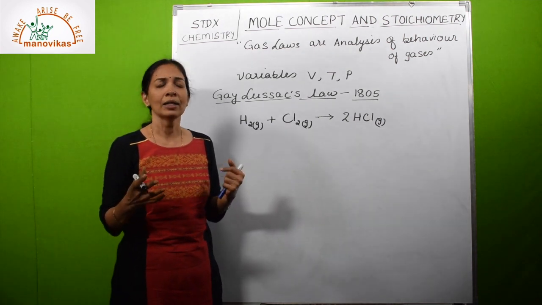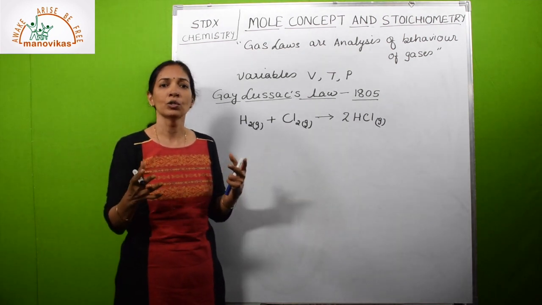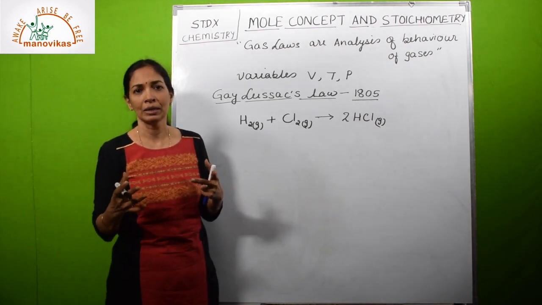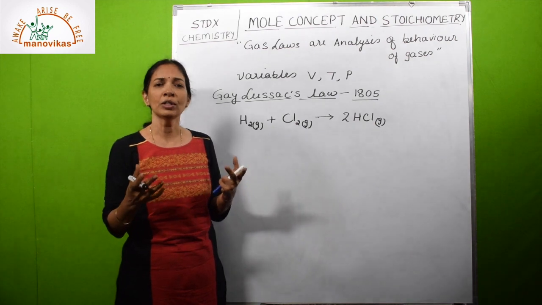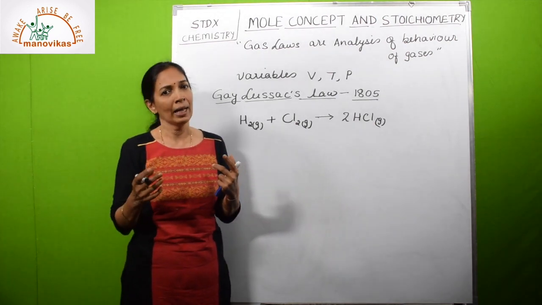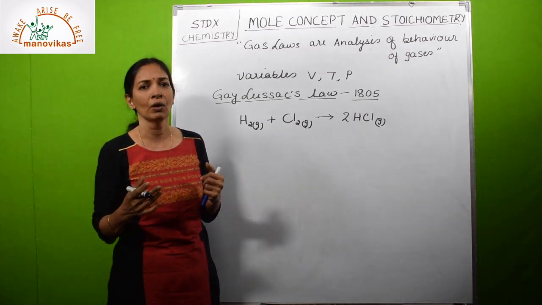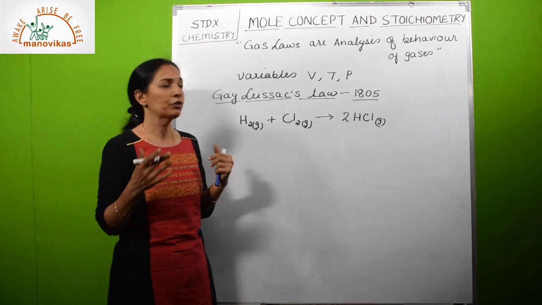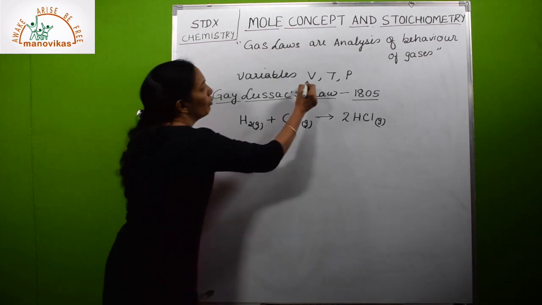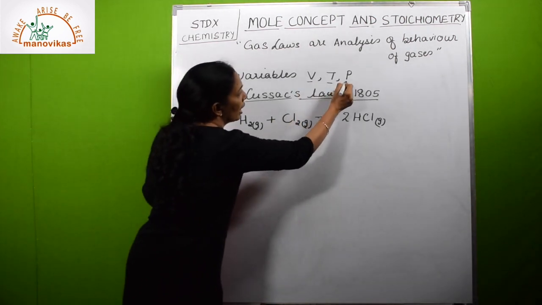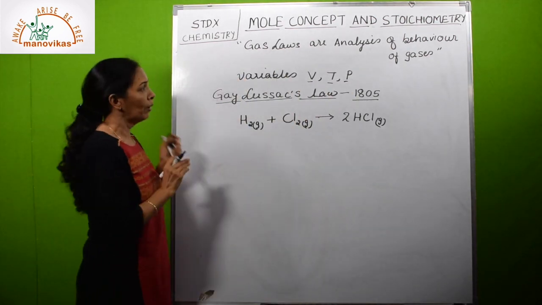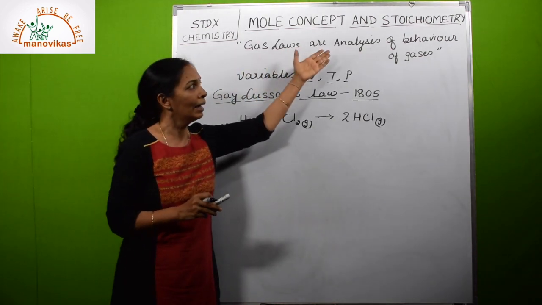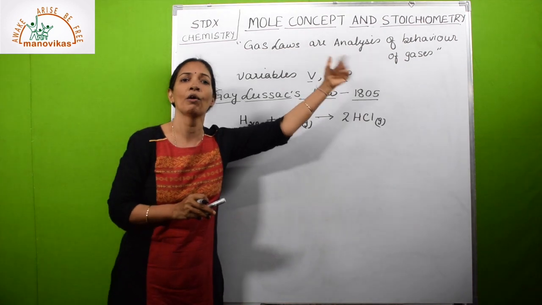Later on, some other laws also came up. Last year you studied about Boyle's law and Charles' law. When you studied them, we came across certain variables of state, which are volume, temperature and pressure. Now, what are gas laws? Gas laws are the analysis of behavior of gases.